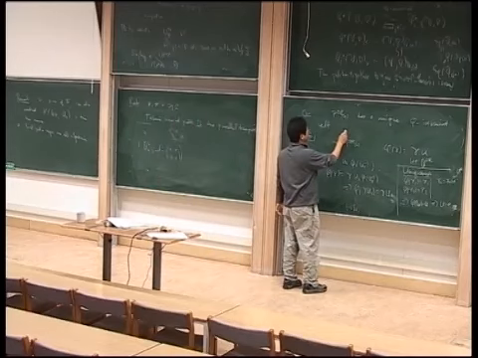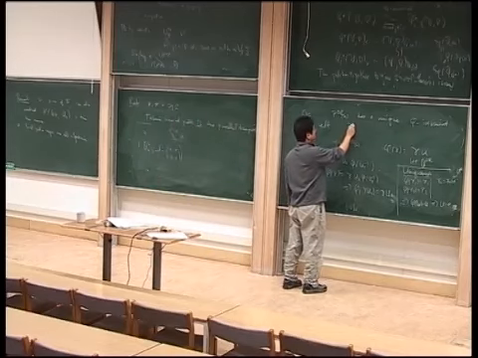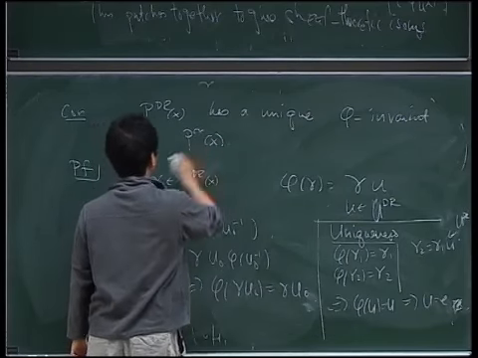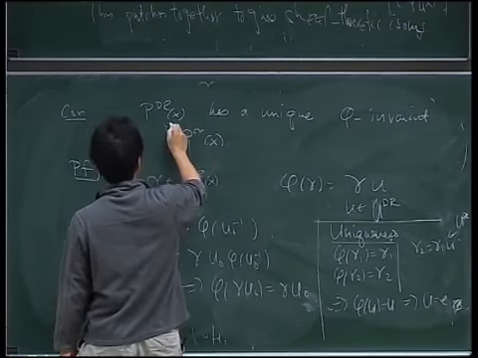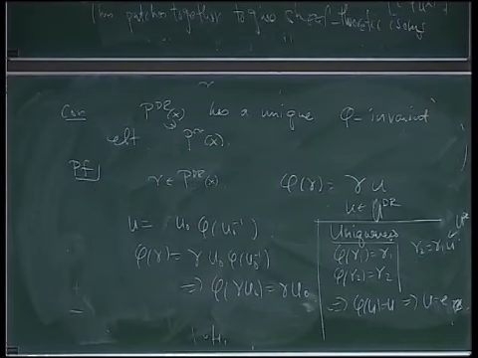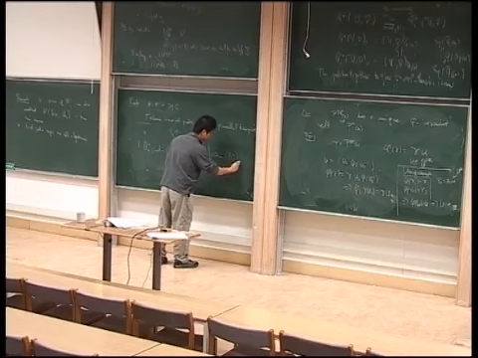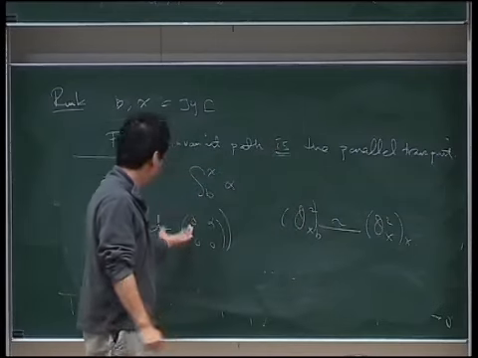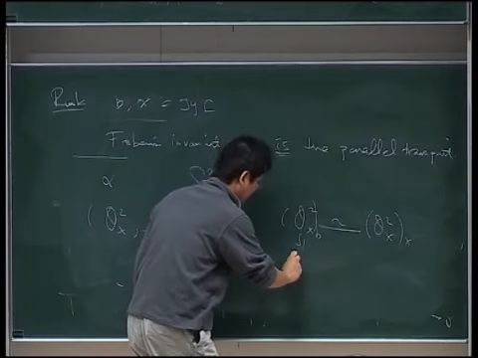I guess I didn't give this element a name. I'll call it P crys of X. It's an element inside here. So here's our vector bundle. Then P crys of X is supposed to give us an isomorphism from the fiber at B to the fiber at X. Which, since this is a trivial bundle, is just going to be F squared.